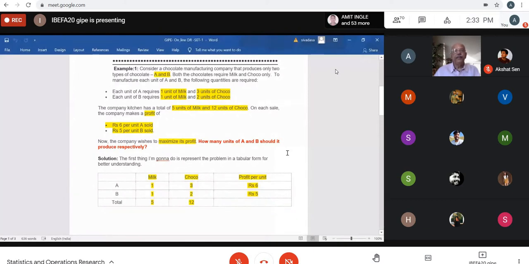Consider a chocolate manufacturing company that produces only 2 types of chocolates, A and B. Both the chocolates require milk and choco only.